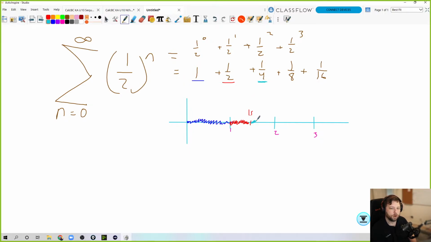That's 1.5 plus a fourth, which gets me out here, about 1.75. And then what if you added another 1/8? 1.75 plus a 1/8 gets you about halfway between 1.75 and 2.